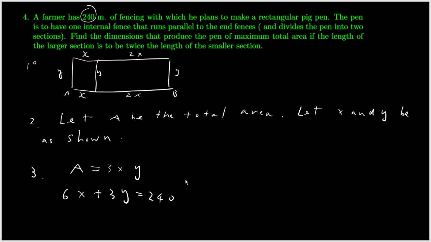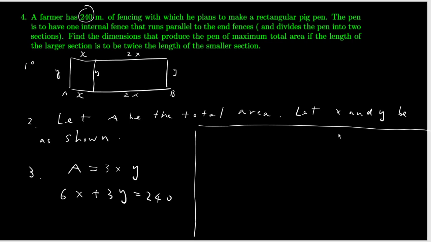Eventually in step 4, I think I can squeeze step 4 in here so that you can see everything on this screen. In step 4, we want to write A, the quantity to be maximized in this case, as a function of only one variable.